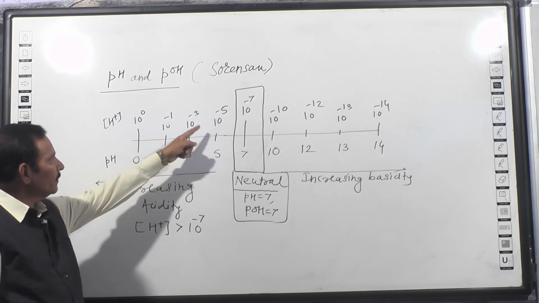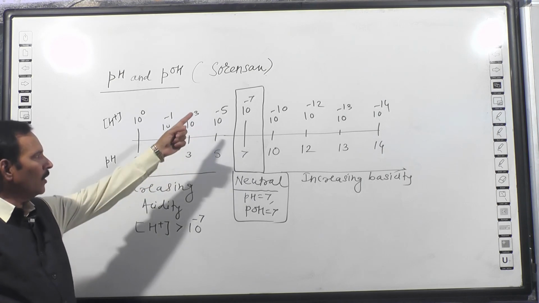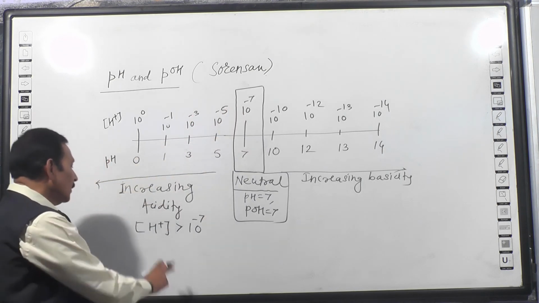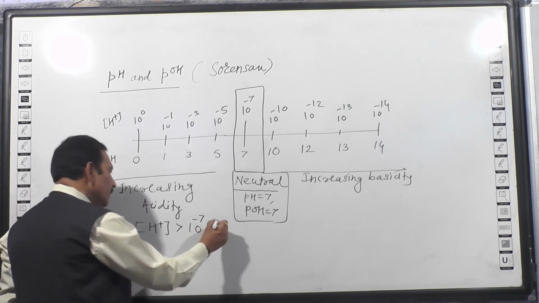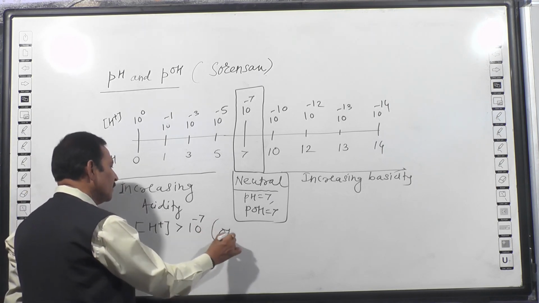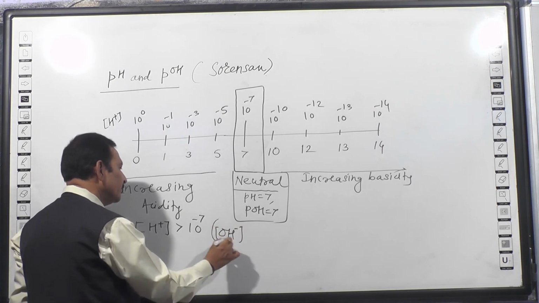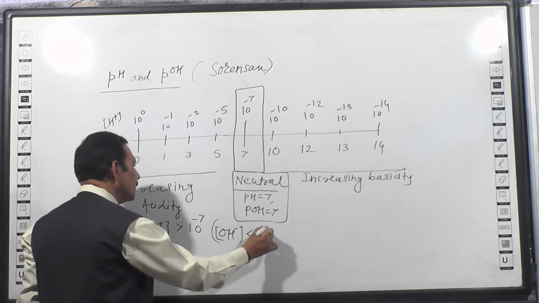Minus 1, minus 3, minus 5, minus 6, minus 4, all are greater than minus 7. So H plus is greater than 10 to the power minus 7. The other meaning of this is that OH minus ion concentration definitely should be less than 10 to the power minus 7.